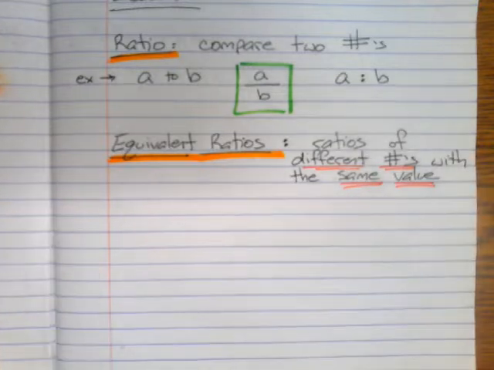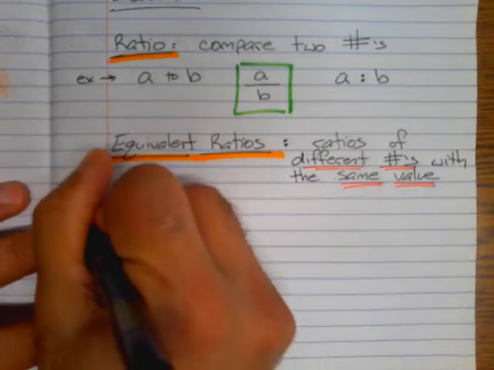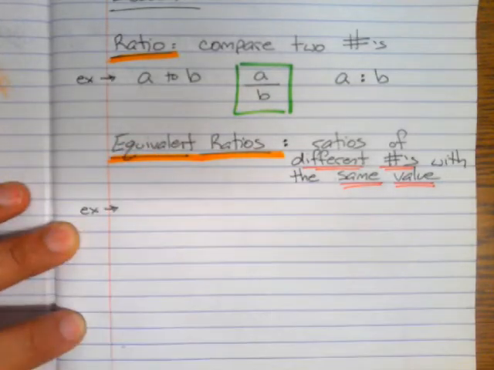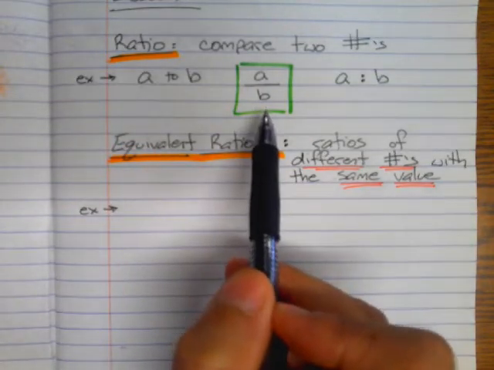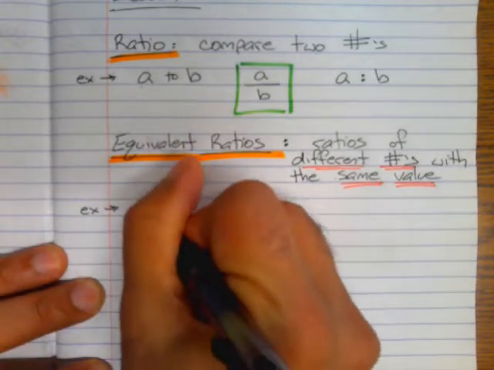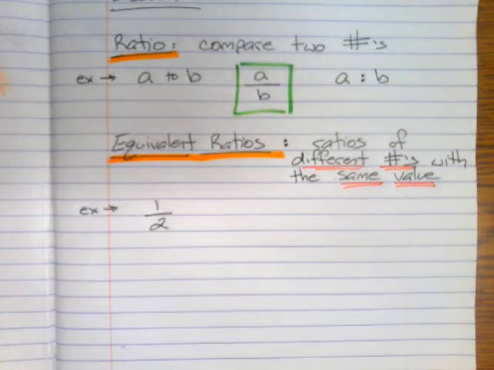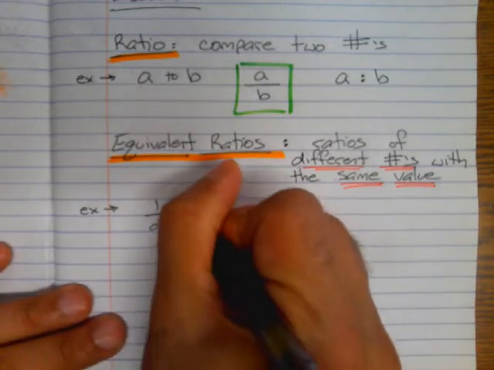Well, what does that mean? Let's do a simple example. Let's pick an easy ratio, or another word for that is fraction. An easy one would be 1/2. You all know what 1/2 is. Well, what is equal to 1/2?